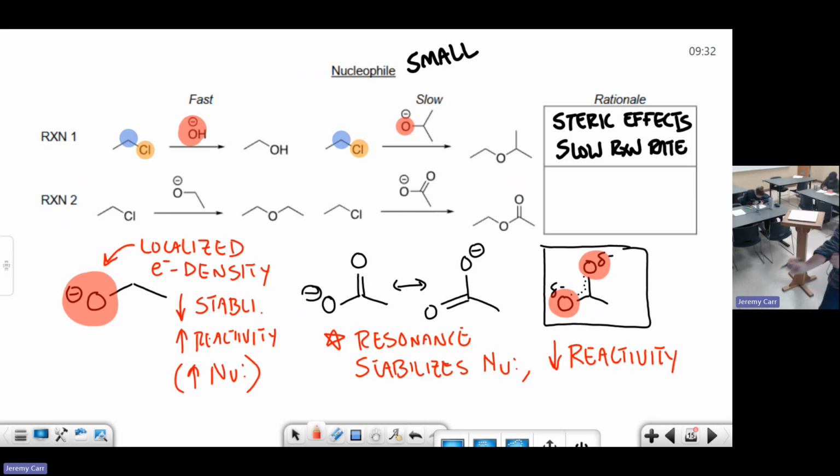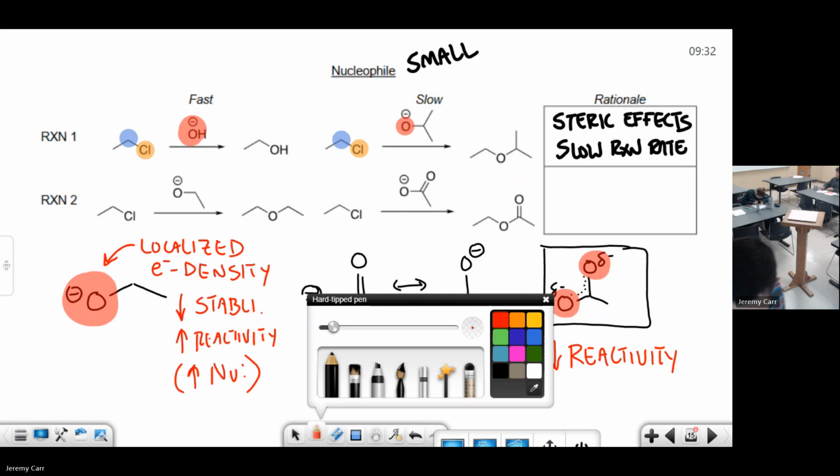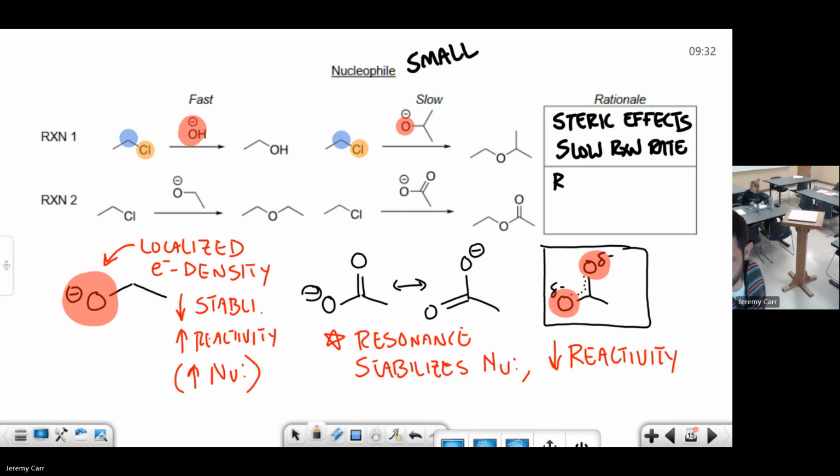All right, so here's the point. Resonance in the nucleophile slows the reaction rate because you're able to take that electron density and spread it out over multiple atoms.